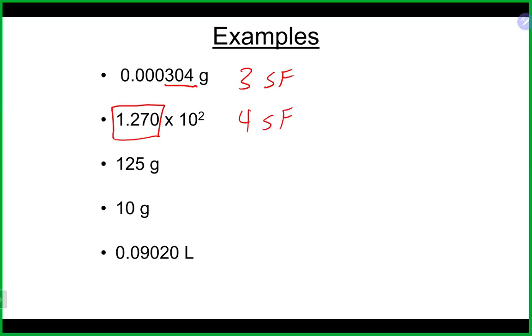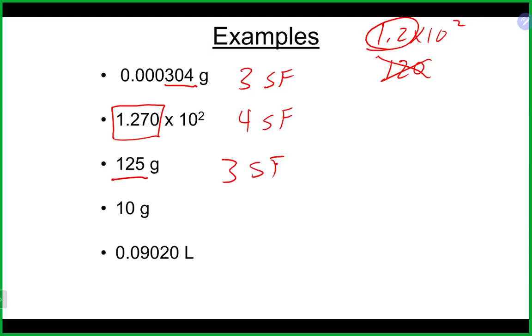Sometimes people will have something like this, turn it into a regular number, and say, okay, I wrote 3 numbers, so it has 3 significant figures. You don't want to do that. It should only have 2, because that's how I wrote it. You just want to look at it in scientific notation form. Here, this is going to be 3.